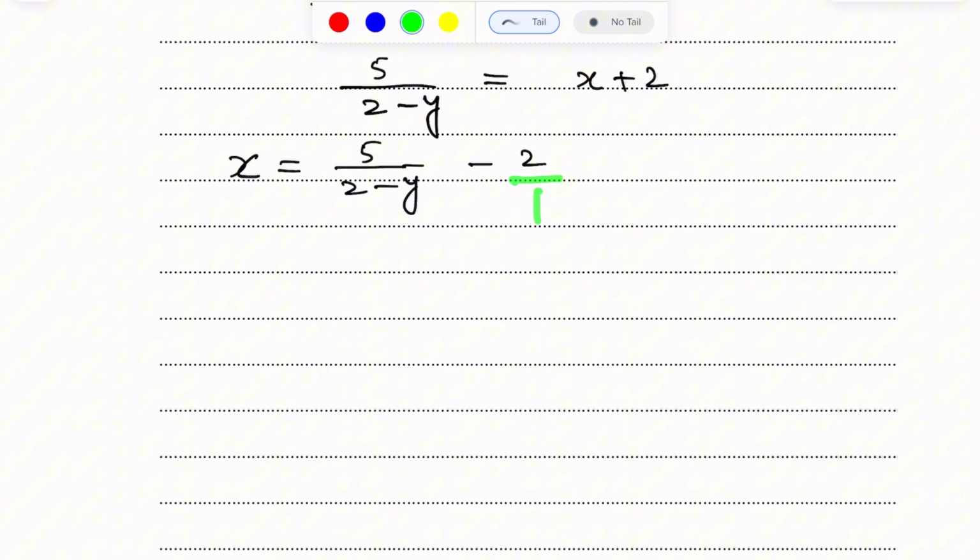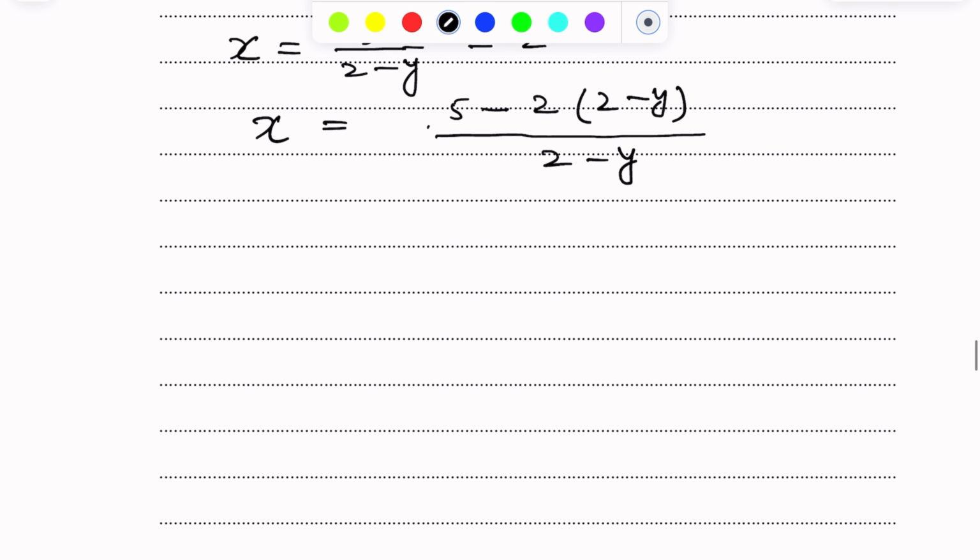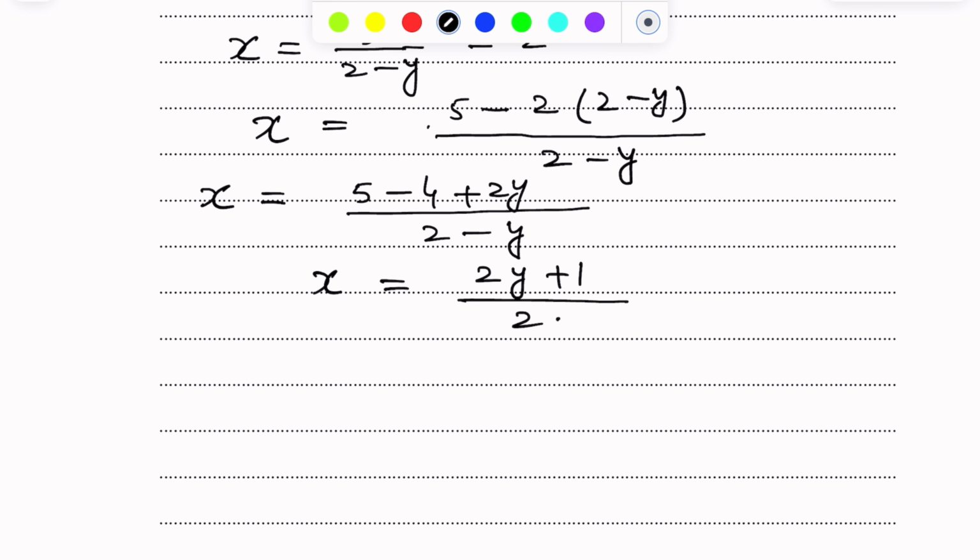Taking the LCM, we can write x = (5 - 2(2 - y))/(2 - y). Simplifying, x = (5 - 4 + 2y)/(2 - y), so x = (2y + 1)/(2 - y).